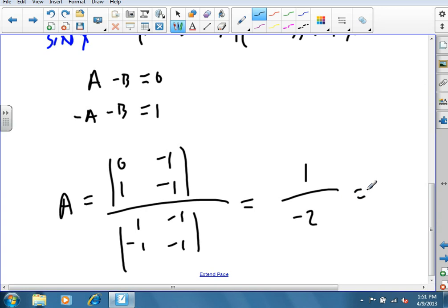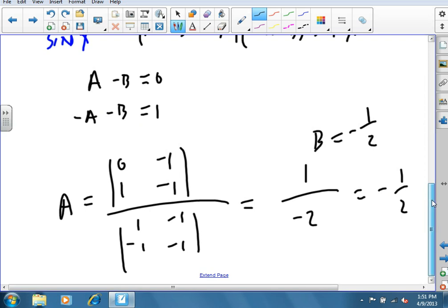So a is going to be minus 1/2. Well, if a is minus 1/2, then b has to be equal to 1/2. Otherwise, we wouldn't be there. Now, a has to also be minus 1/2, because minus 1/2 minus a minus 1/2 is 0. Minus a minus 1/2 minus a minus 1/2 is 1. So I have my a's and b's.